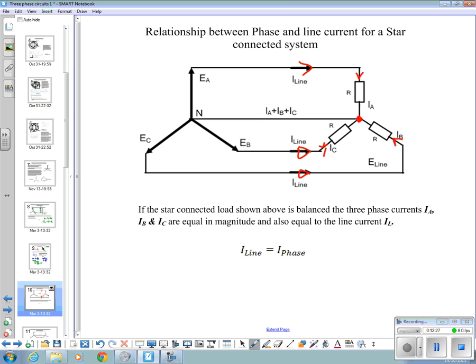Later on it will be proven that the current flowing along here, in a balanced system, is nothing. No current flows along the neutral conductor if your 3-phase star connected load is balanced.